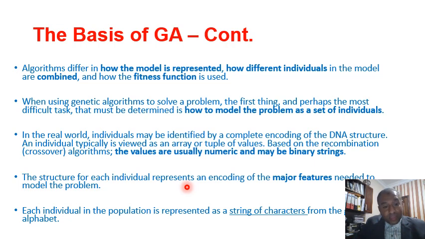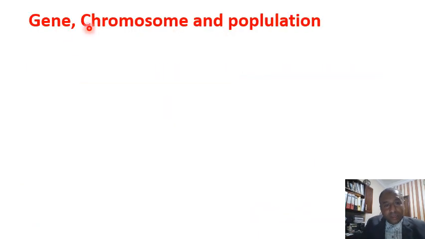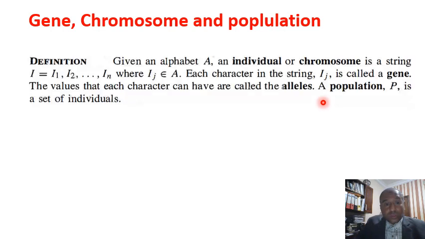So we have agreed that each individual is represented by a string of characters. Gene, chromosome and population. Let us go more formally to the definition of what a chromosome is and what a chromosome consists of. Let us say that alphabet A is an individual or chromosome. It is a string that consists of genes.